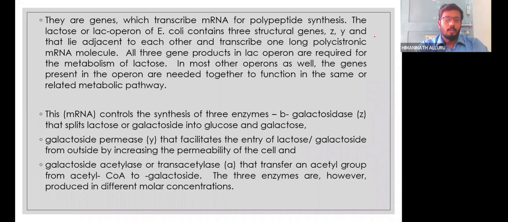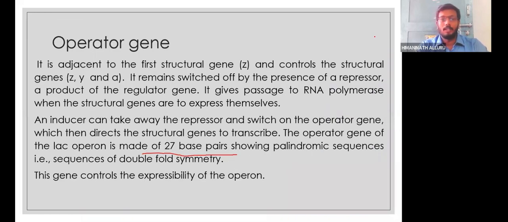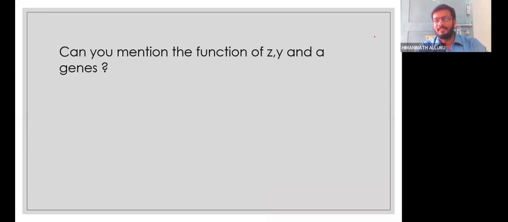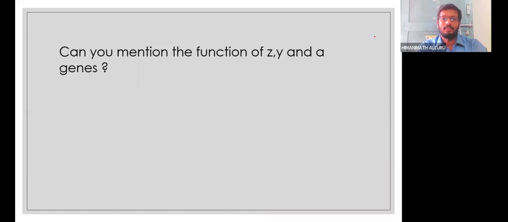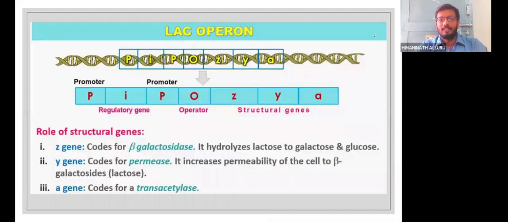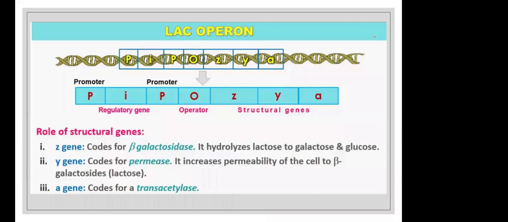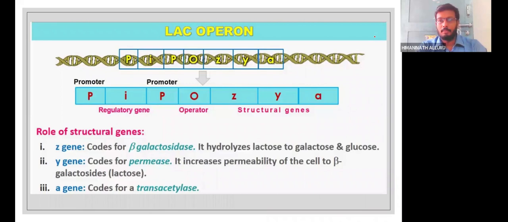Why is it called negative regulation, teachers? Why not positive? You can try, we'll also join. Sir, it is because the repressor is inhibiting. If a gene is getting regulated by inhibiting something, we call it negative control. Very nice, ma'am.